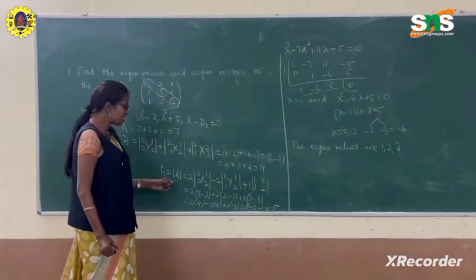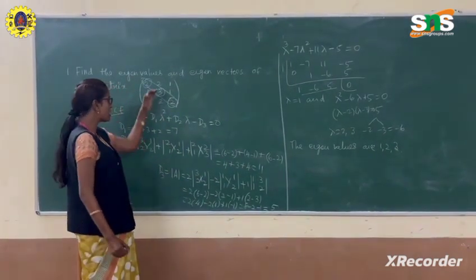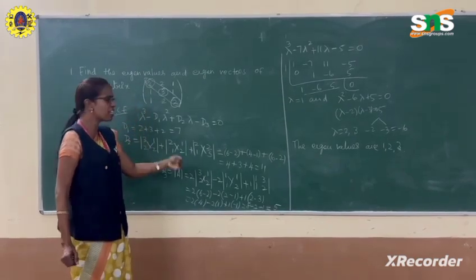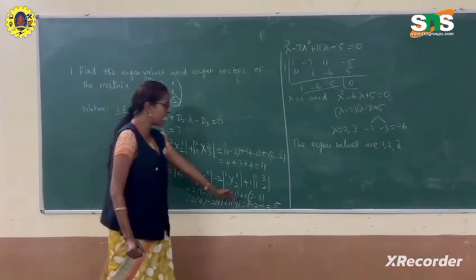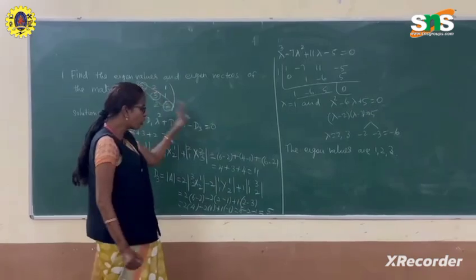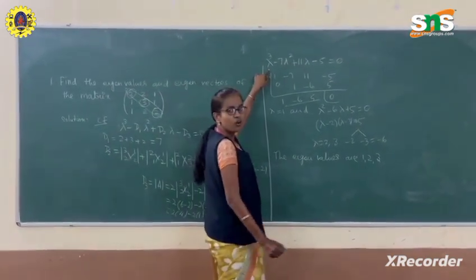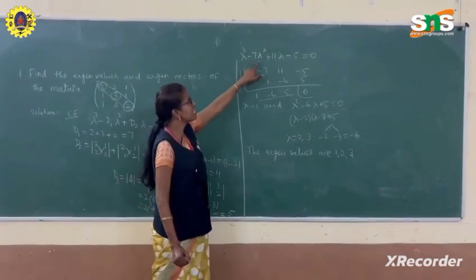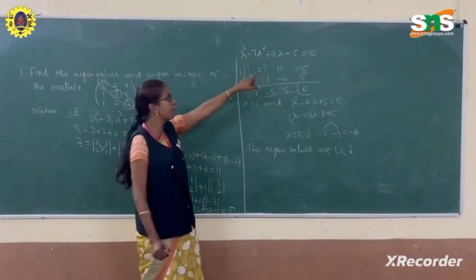And d3 is the determinant of A, expanding along the first row, including all the elements in order. Finally we get 5. Now substitute all the values in this equation. So finally, we get the characteristic equation lambda cube minus 7 lambda square plus 11 lambda minus 5 equal to 0.